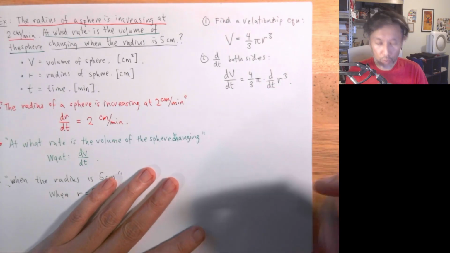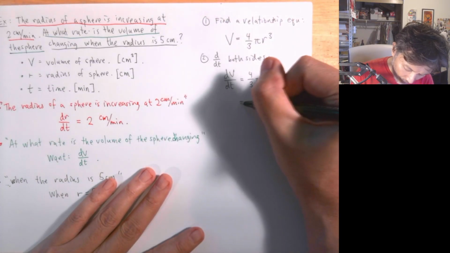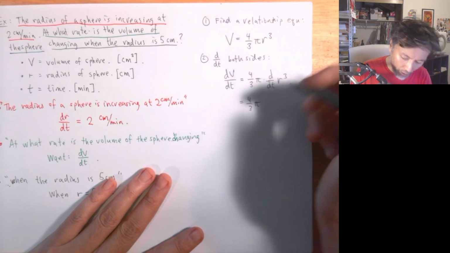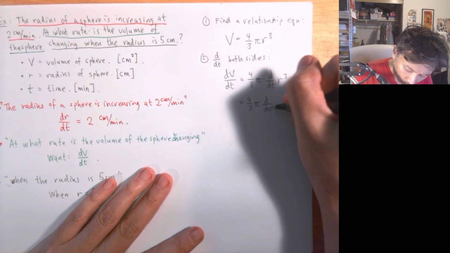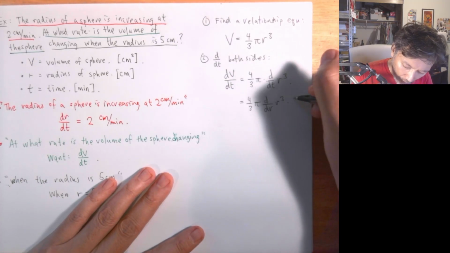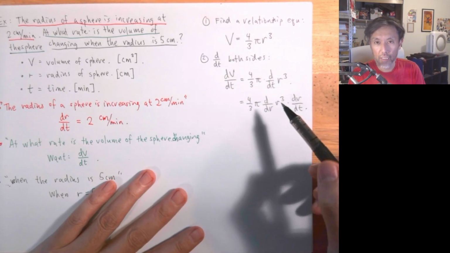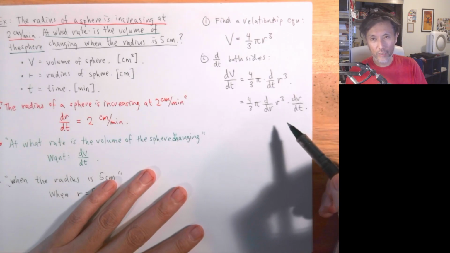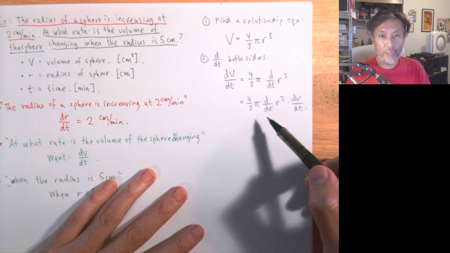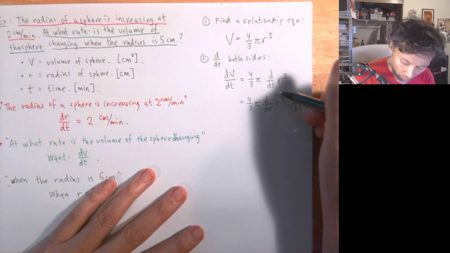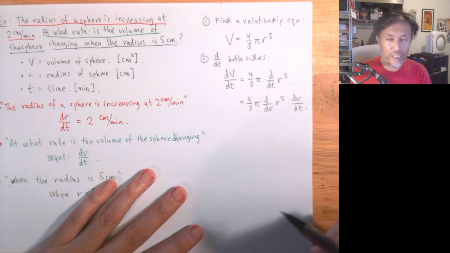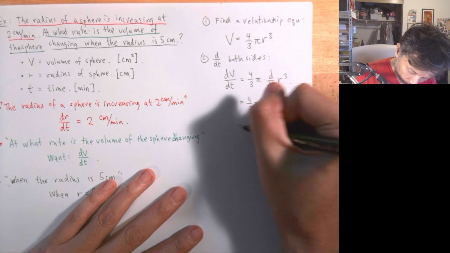And as usual, I'll go a little bit slower because I don't mind. That's the same thing as d dr of r cubed times dr dt. Easy to write because it's like the dr's cancel, as I've said many times now. But this has the virtue of making this part right here easy to compute. That's just 3r squared.